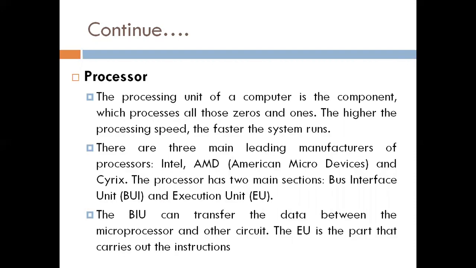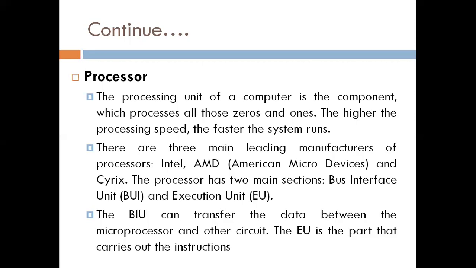First, processor. What is the use of processor? The processing unit of a computer is the component which processes all those zeros and ones. The higher the processing speed, the faster the system runs. There are three main leading manufacturers of processor. First, Intel. Second, AMD, which stands for Advanced Micro Devices, and Cyrix.